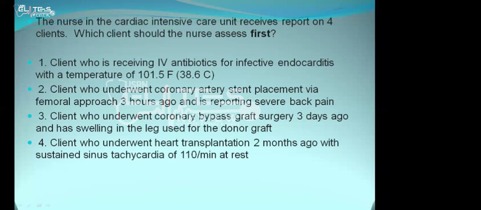The infective endocarditis is an infection here, but he's on antibiotics. The 3 also underwent the surgery 3 days ago. The client who underwent heart transplant 2 months ago with a sustained sinus, so this one, there is no change. So the main answer I will go for is 2.